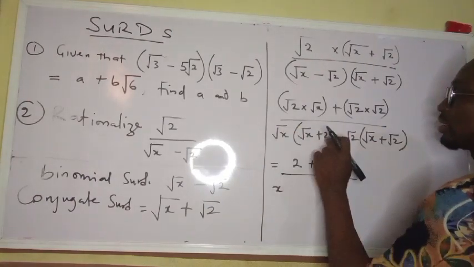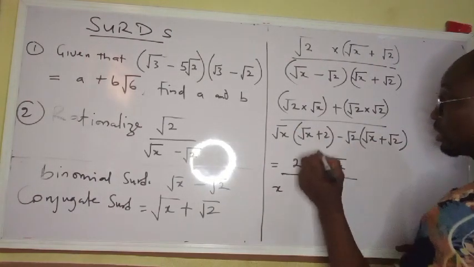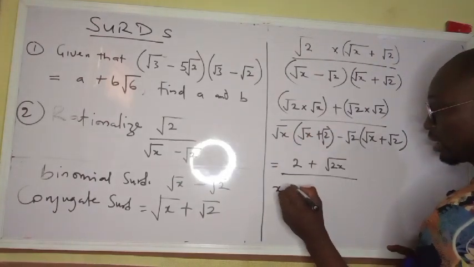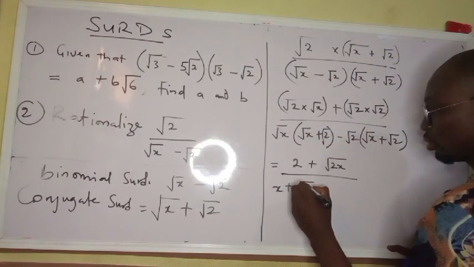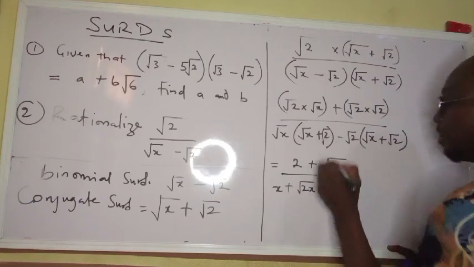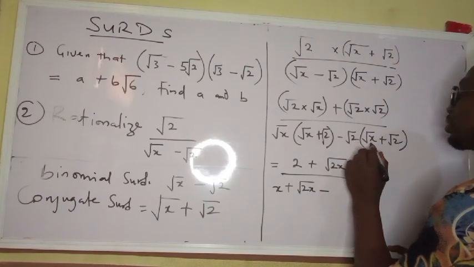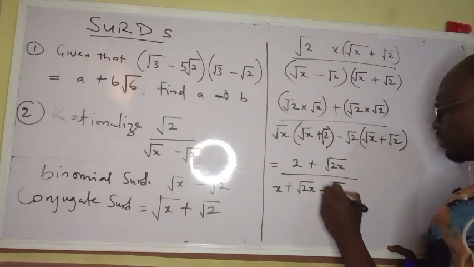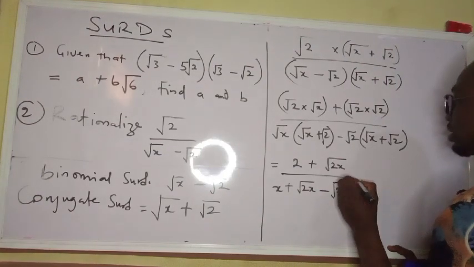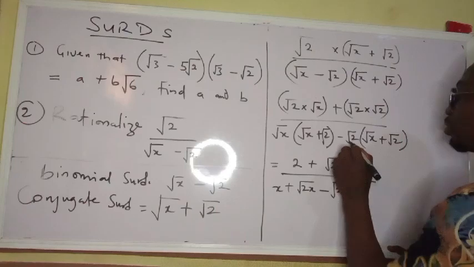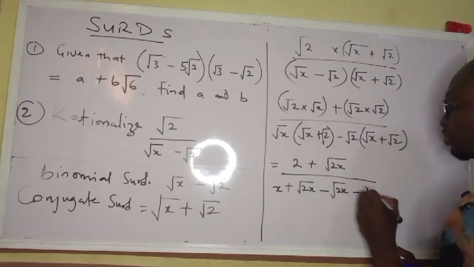Then √x times √2, that is plus √2x, minus √2 times √x, that is √2x, then minus, because minus times plus is minus, √2 times √2, that is 2.